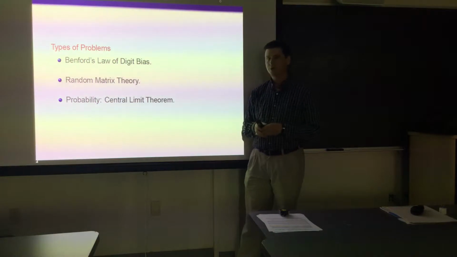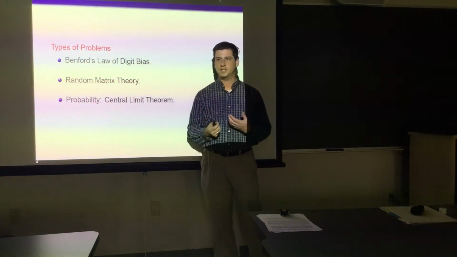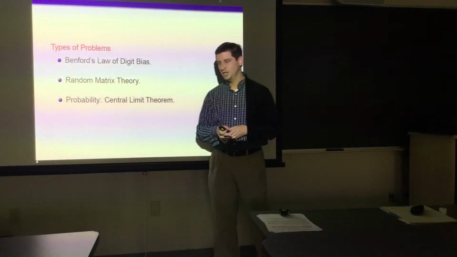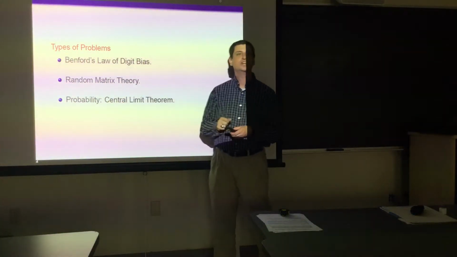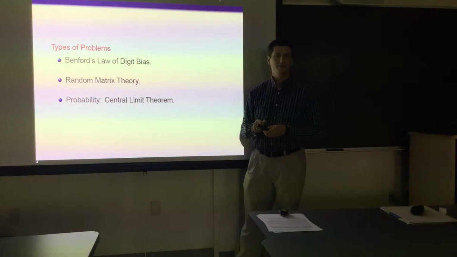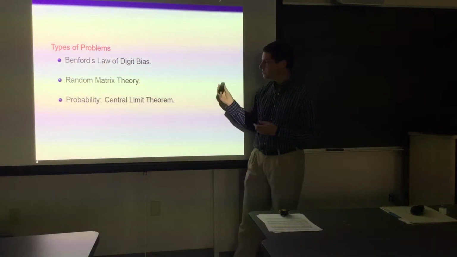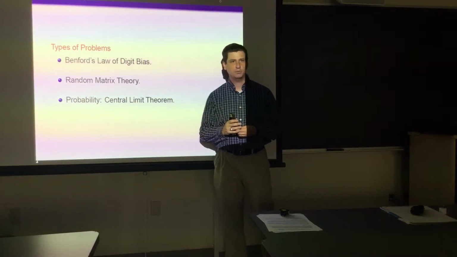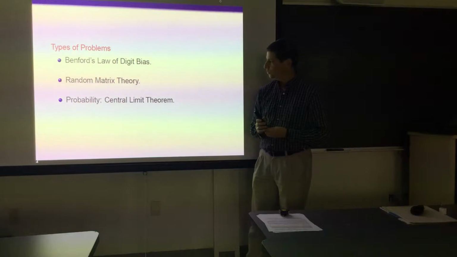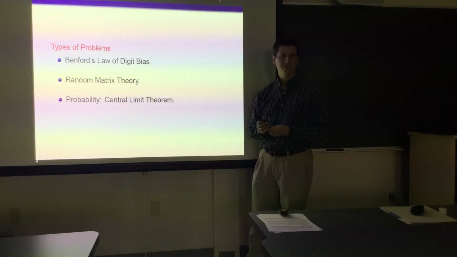The last is probability of the central limit theorem. I know several of you have taken probability with me in the past. The central limit theorem, as the name highly suggests, is extremely important. How would you prove something like this? What are the techniques you need? So we've sketched a proof that was mostly true in probability in previous years. The question is, can we make it fully rigorous?